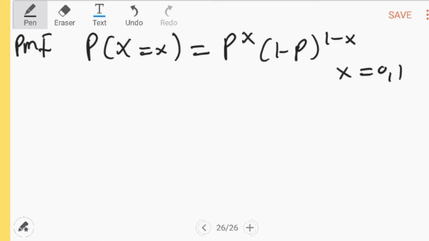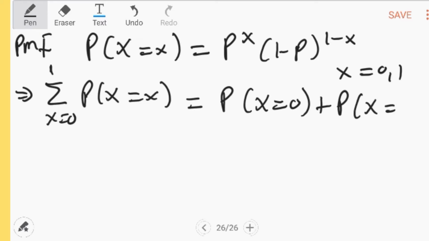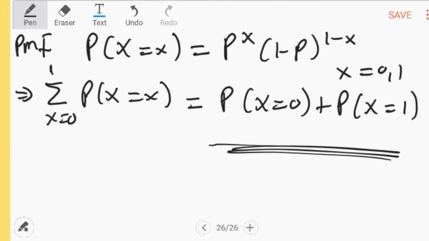And now, because x runs from 0 to 1, if you sum the PMF from 0 to 1, it can be written as p of x equal to 0 plus p of x equal to 1. So I'm going to use this a lot, so kindly take note of that.